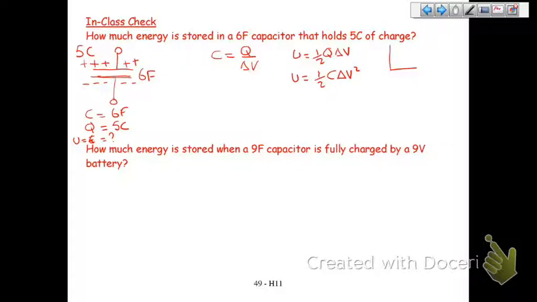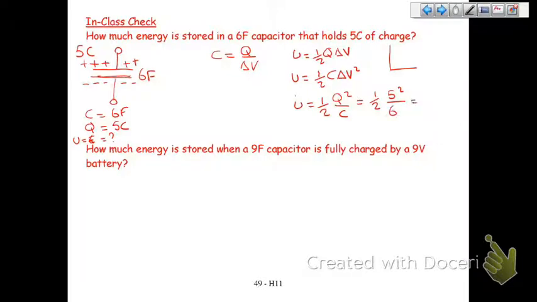Then I want to go the other way and say U is equal to 1/2, get rid of the delta V, so that's going to be Q squared over C. Let's double check on that. I take my delta V equals Q over C, that's Q squared over C. Yes. So this is going to equal 1/2 times Q, which is 5, squared, over C, which is 6.